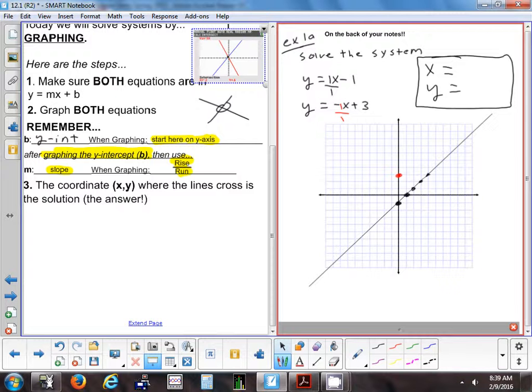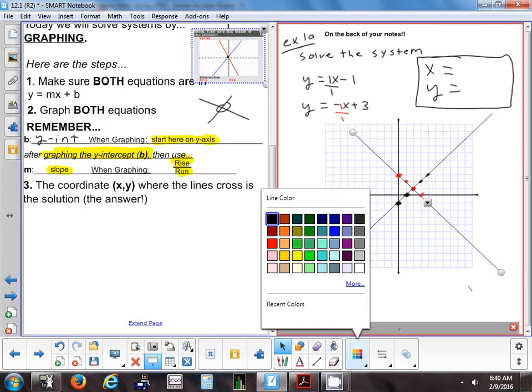So since it's negative, I'm not going to go up. I'm going to go down. Go down and to the right. Down and to the right. Now, I think I've actually already found where these cross. Sometimes that happens. When you're drawing, before you even draw your line, you already know the answer. But I'm still going to draw my line. Okay, and I'll put that one in red.